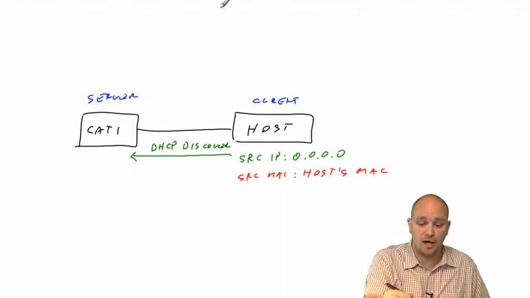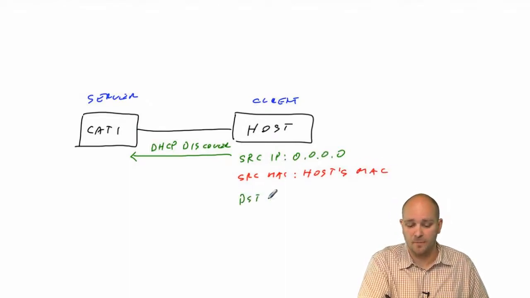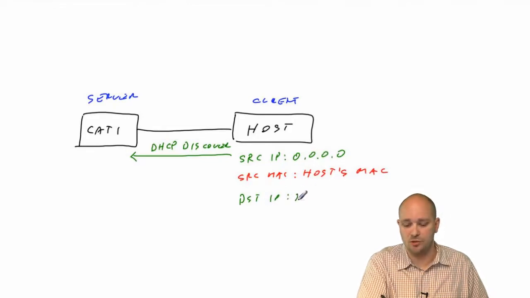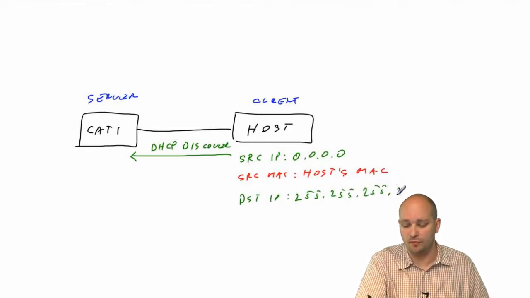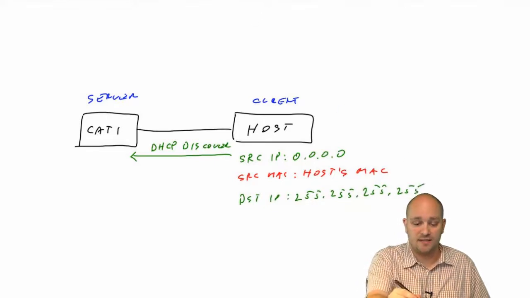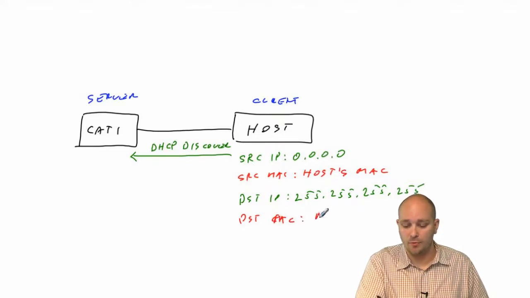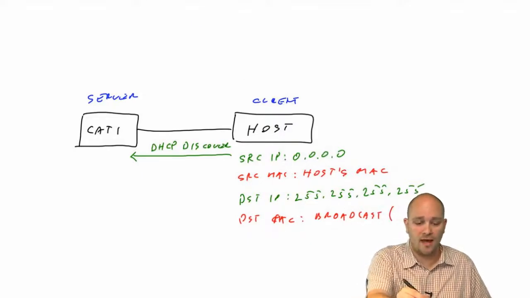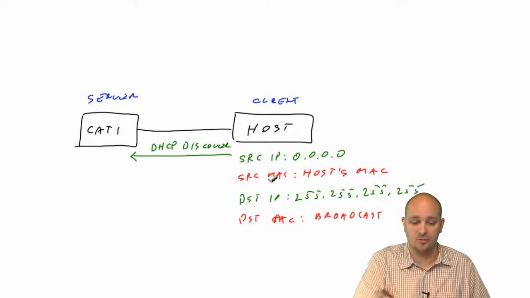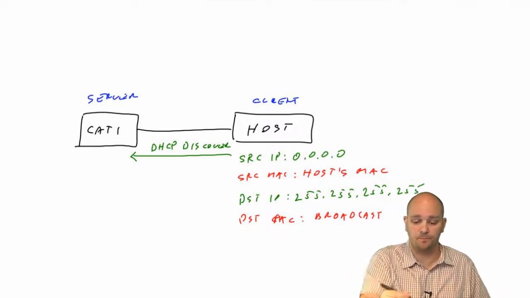The destination IP address of this traffic is going to be the broadcast address, which is 255.255.255.255. The destination MAC address for this traffic is going to be broadcast, or all ones, or all Fs.